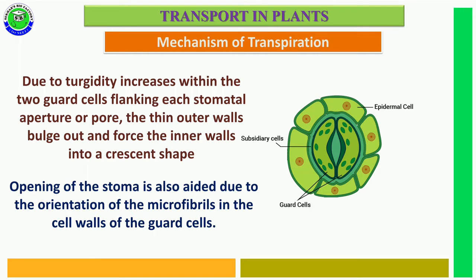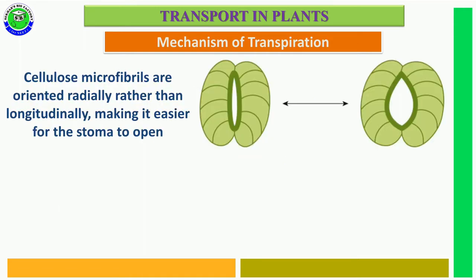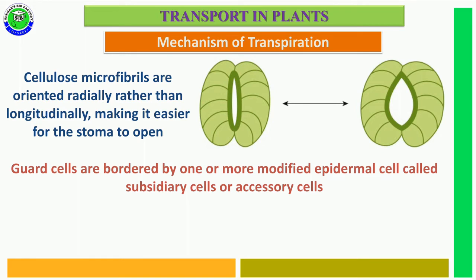Opening of stomata is also supported by the orientation of microtubules present in the cell wall of guard cells. These microtubules are made up of cellulose, and they are oriented radially rather than longitudinally, which helps to open stomata easily. The guard cells are bordered by one or more modified epidermal cells. These cells are called subsidiary cells or accessory cells.